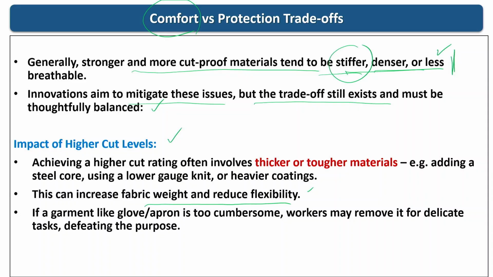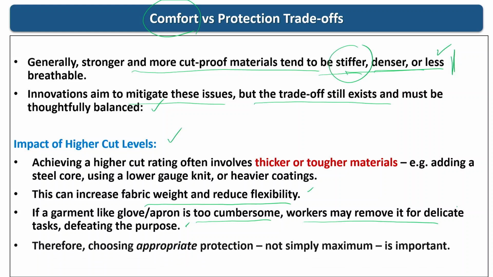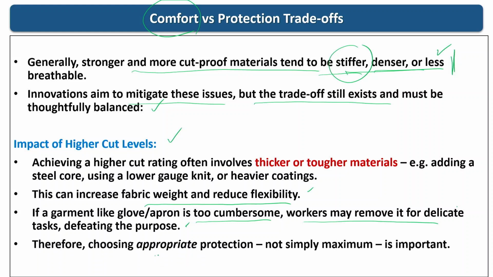If a garment like glove, apron is too cumbersome, workers may remove it for any delicate task which defeats the purpose. So, if he altogether removes it, then it will defeat the purpose. Therefore, choosing appropriate protection is not simply maximum.